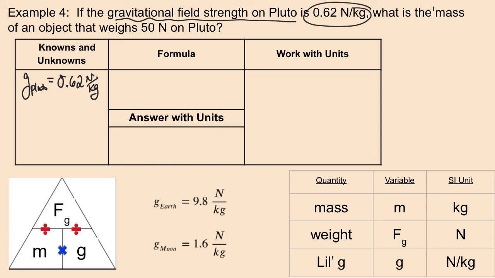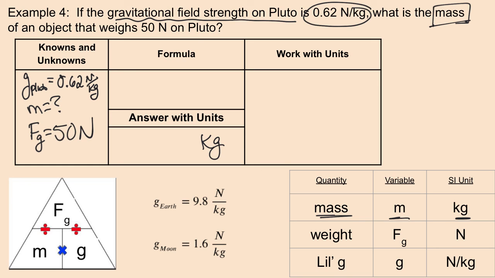What is the mass of an object? So mass equals question mark, and it's going to be kilograms as our final unit. And it tells you that it weighs 50 newtons on Pluto.